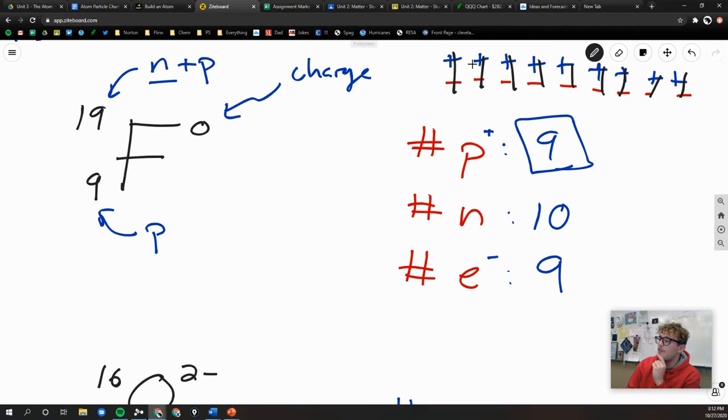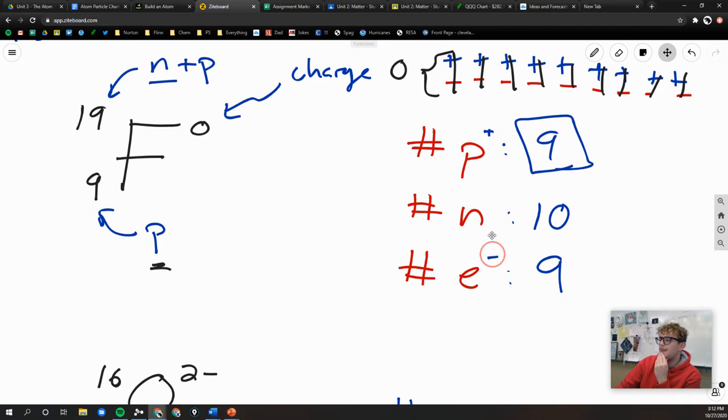So what's my overall net charge? It's going to be 0. All right. So based on this, the charge is going to tell you how many electrons you need to add or subtract from your protons to get the overall charge. So if you have an overall charge of 0, your number of protons will always equal your number of electrons.